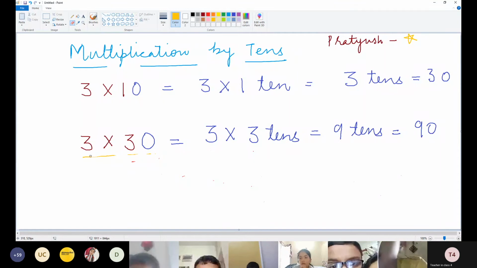So next, let's see who will give the right answer and who wants a star.